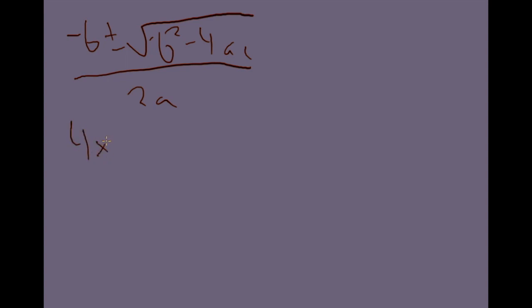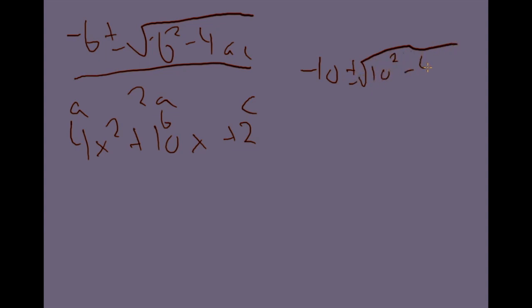We have 4x squared plus 10x plus 2. So our a is 4, our b is 10, and our c is 2. We're going to have negative 10 plus or minus the square root of 10 squared minus 4 times 4 times 2.